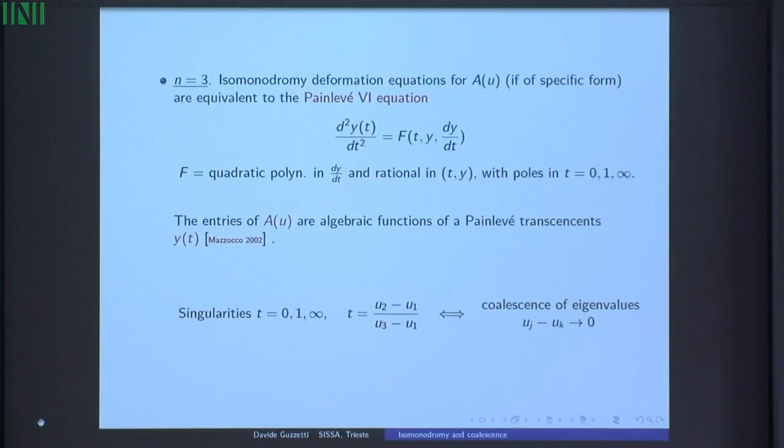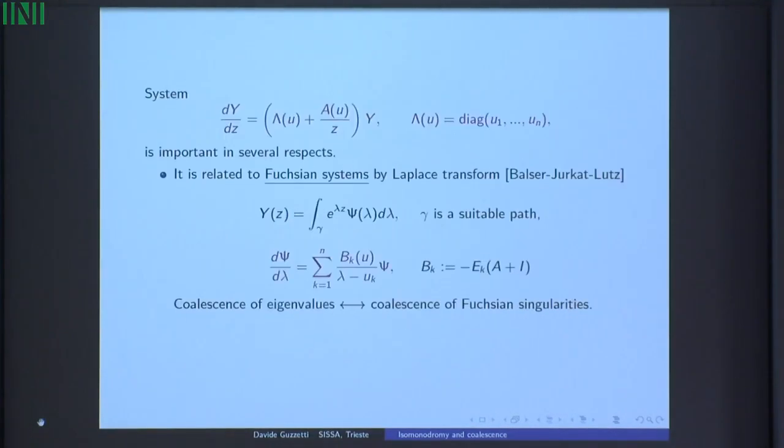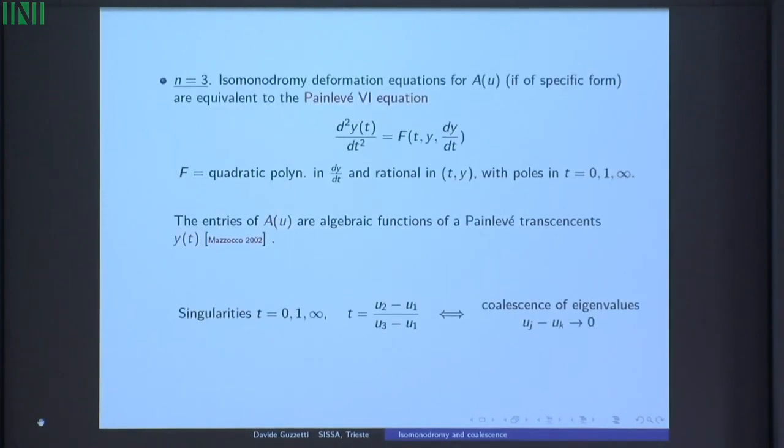Another reason is that in the three-dimensional case, actually we are interested in the case when the dependence of our system on the parameters u is isomonodromic. So in dimension 3, the system is an isomonodromic representation for the Painlevé 6 equation that we have seen this morning.